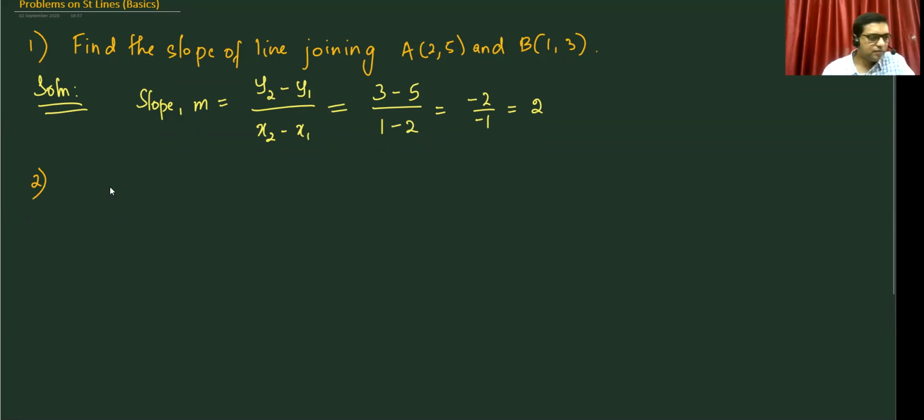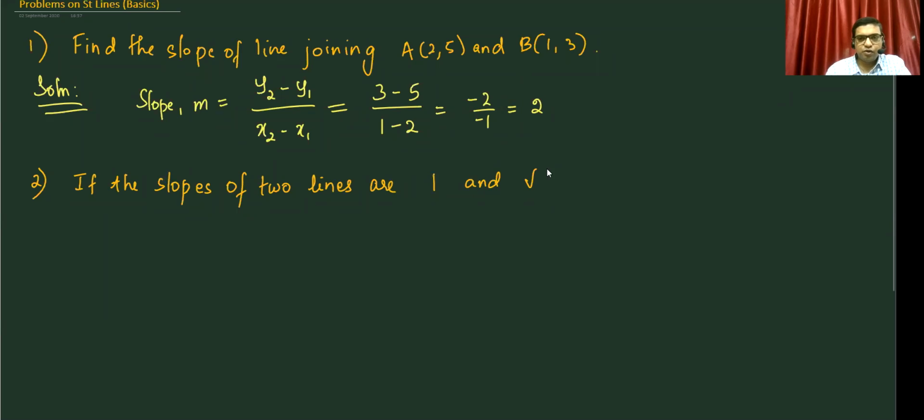Now, if the slopes of two lines are 1 and root 3, then find the angle between the lines.